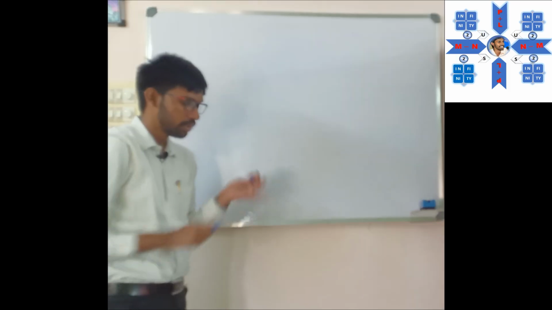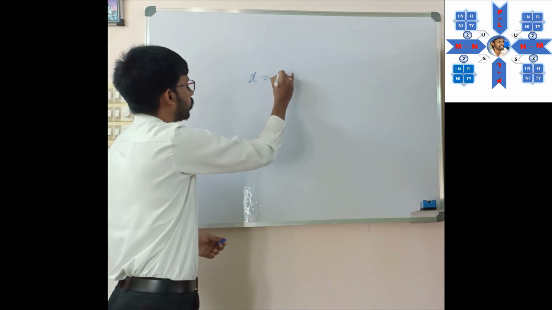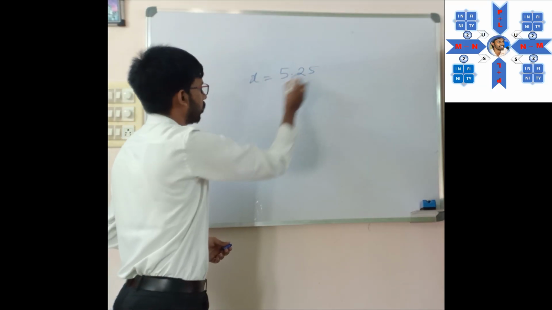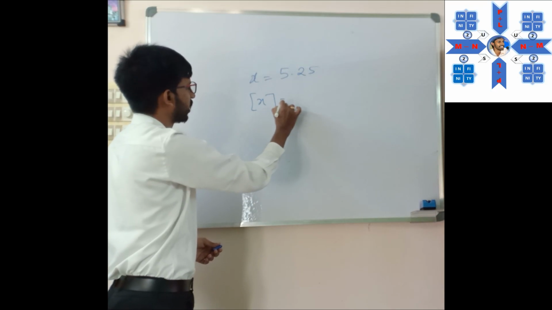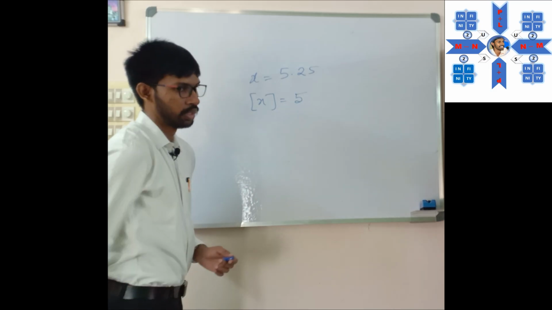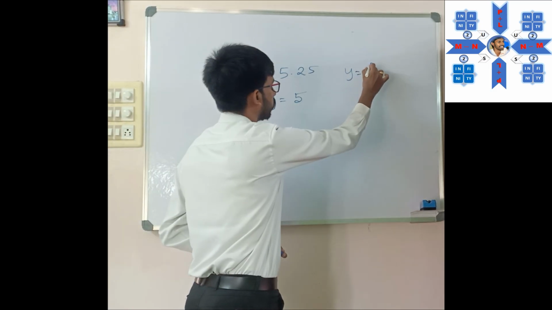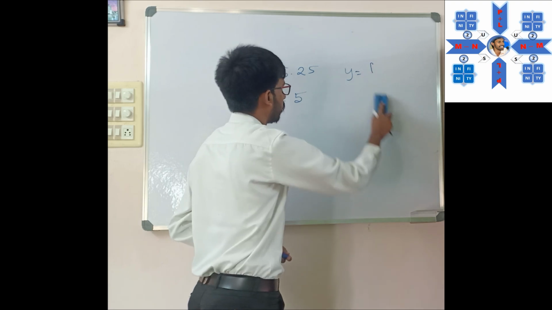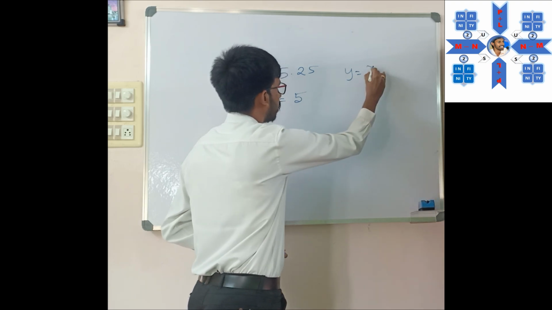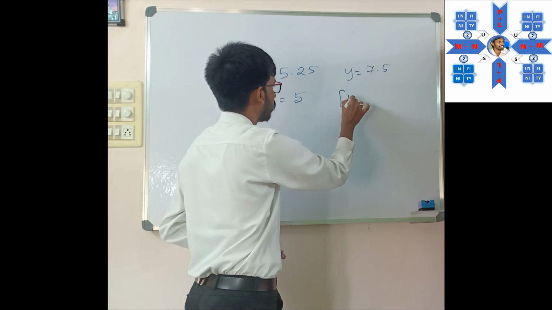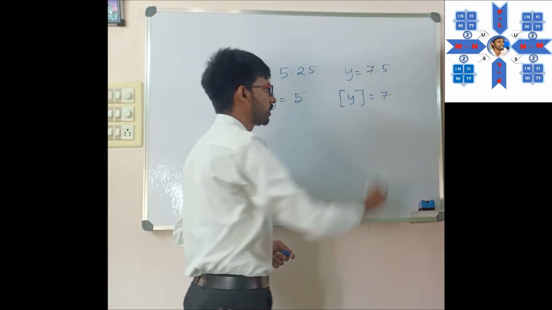More precisely, if x equals 5.25, the greatest integer function of x is simply 5. Similarly, if y equals 7.5, the greatest integer function of y equals simply 7.